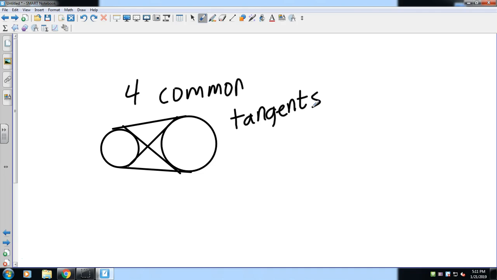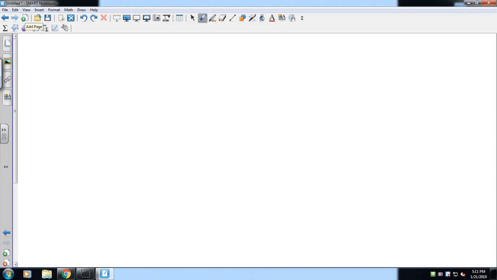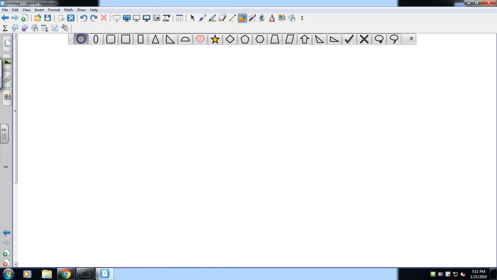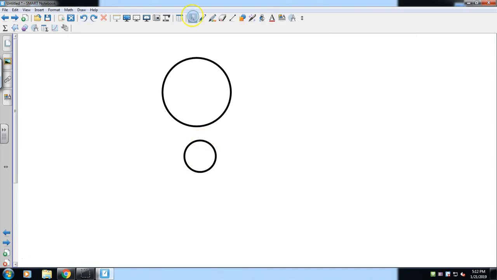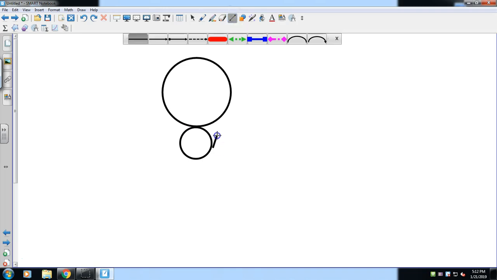Now, what's an example of where I might not have 4? If I just have 2 circles that have 1 intersection point, since they have an intersection point, I won't have those 2 in the middle. However, I do have my ones on the outside still.